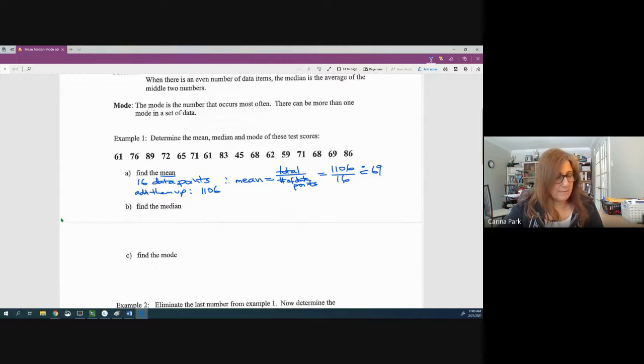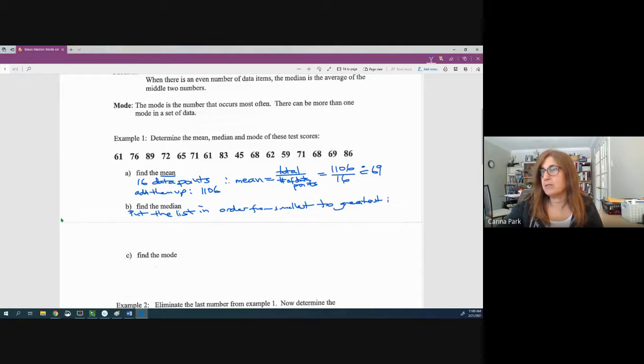The median is the number that's in the middle. So if you put the list in order from smallest to greatest, we want to find the number that's in the middle. Let me put the list in order first.